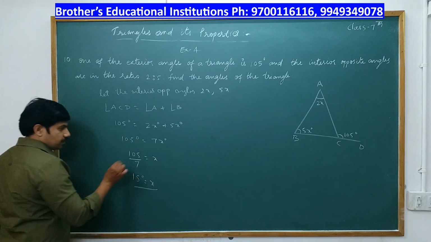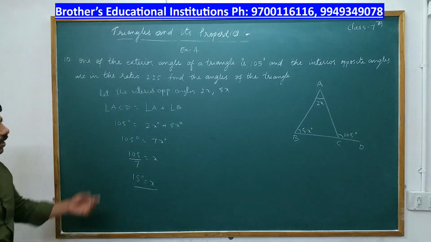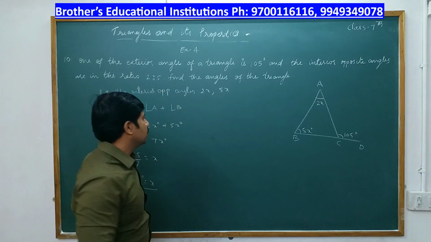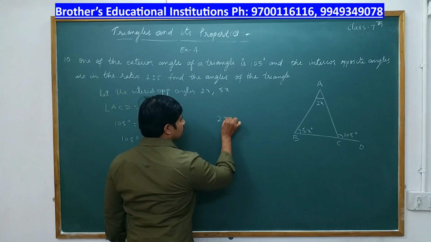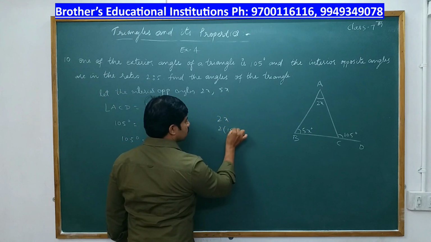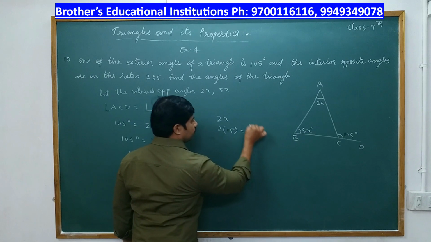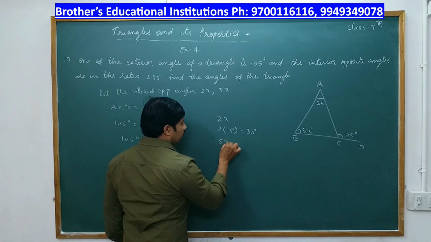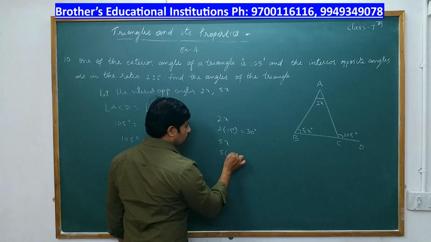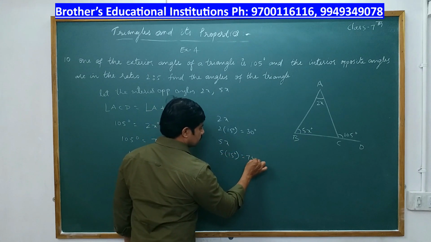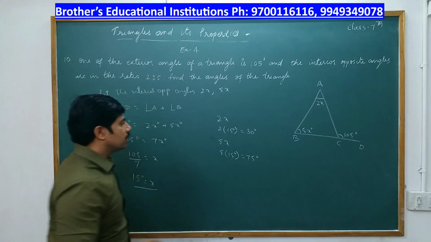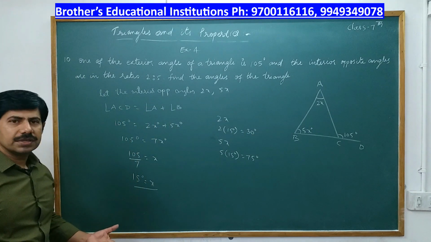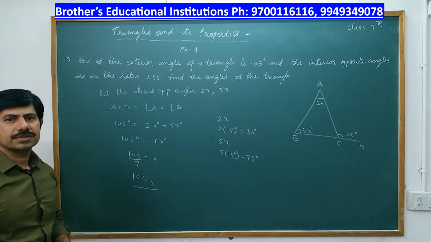So we got x as 15. Now after getting x, we need to find the interior opposite angles 2x and 5x. So 2x, we substitute x value 15, so we get 30 degrees. Then 5x, we write 5 into 15, that is 75 degrees. So the angles we have: one is 30 degrees, the other one is 75 degrees.